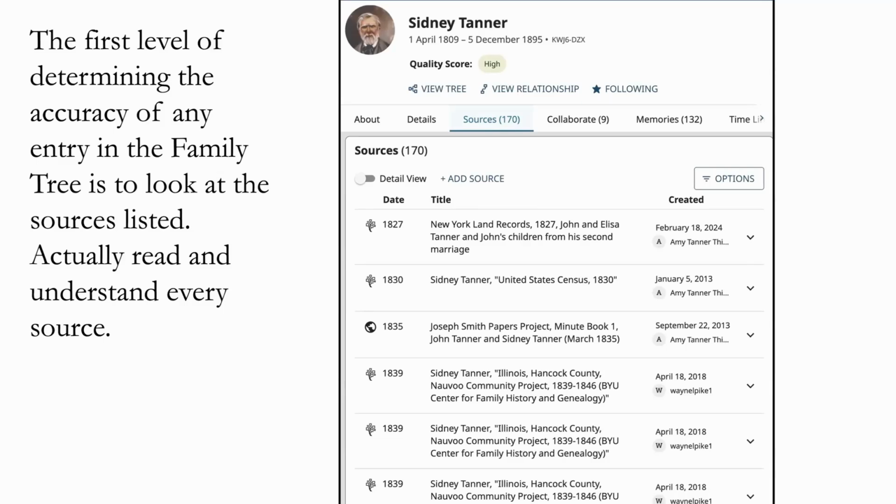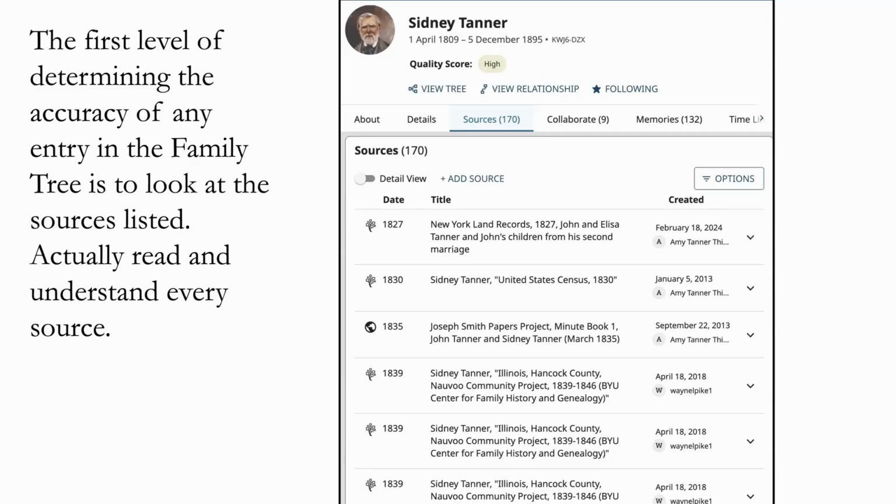Let's say you discovered that you were a descendant of Sidney Tanner, and you came here and you found there are 170 sources, but your file that you got from your grandmother has the information different than is on Sidney Tanner's website.